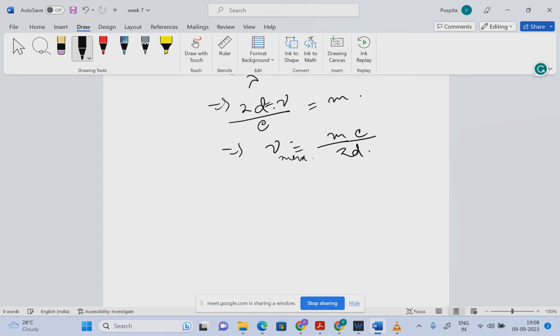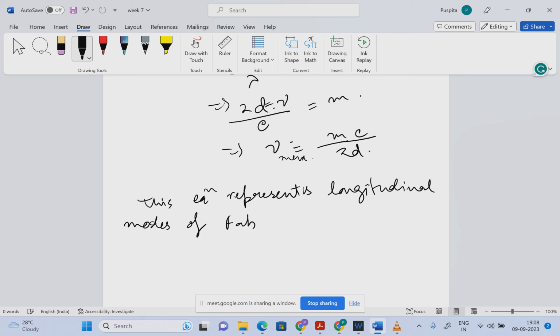So this equation represents the longitudinal modes of the Fabry-Perot etalon. Okay.